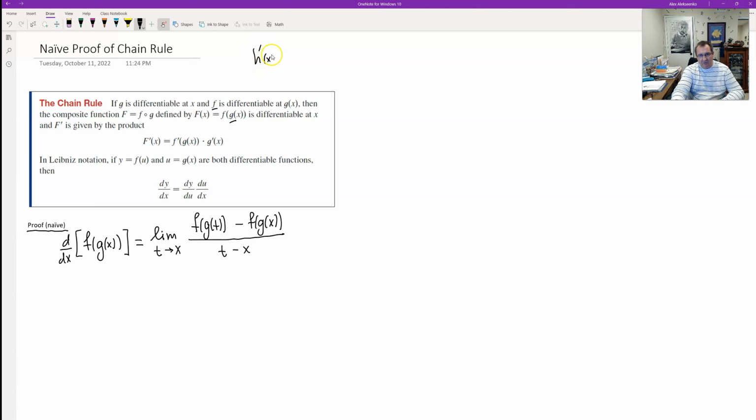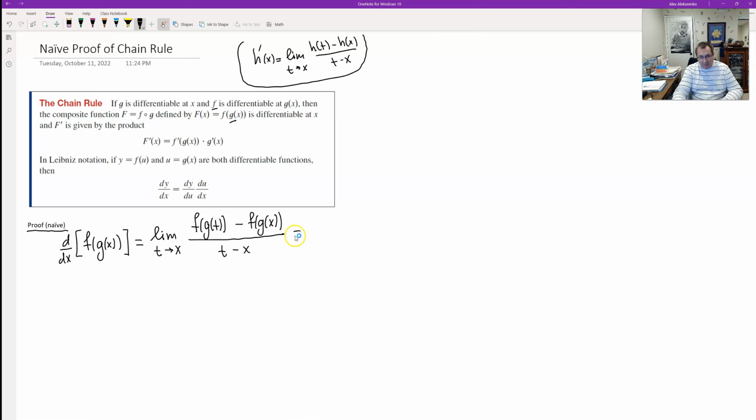I will say h prime of x equals limit as t goes to x of h of t minus h of x divided by t minus x. I'm sure you remember this formula by now, and replacing h with the composition, that's what we get in the numerator. Okay, so that's a good start, but what do we do next?